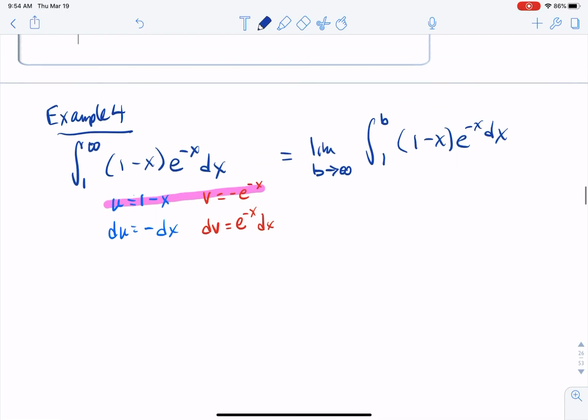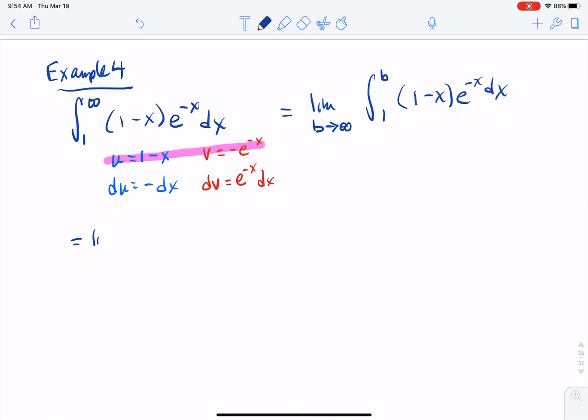So this will be equal to the limit as b goes to infinity of 1 minus x being multiplied times negative e to the negative x. I'll just bring the negative outside of this. Minus, and now the other part: remember, integration by parts goes like this. The original one was u dv, and we're going to exchange it for the other diagonal, which is v du.